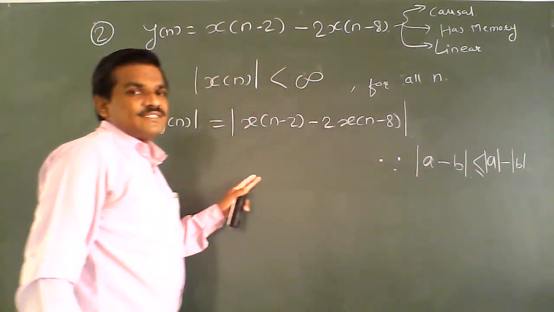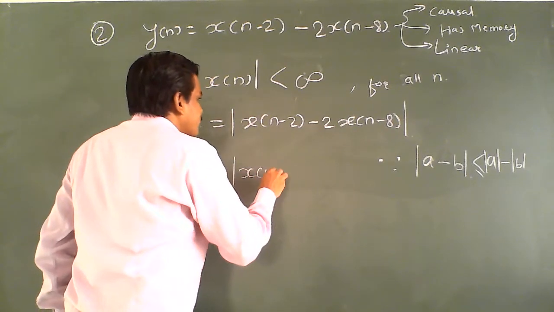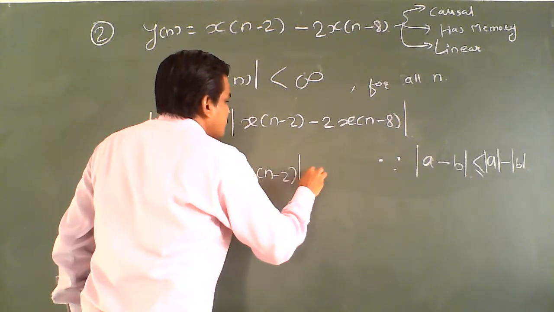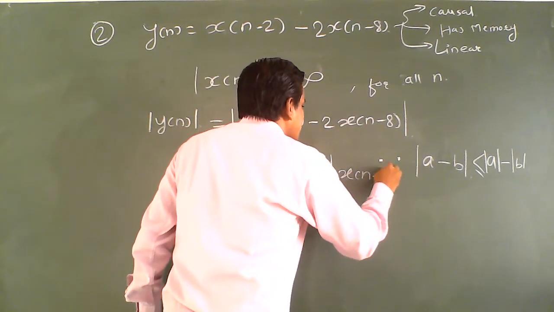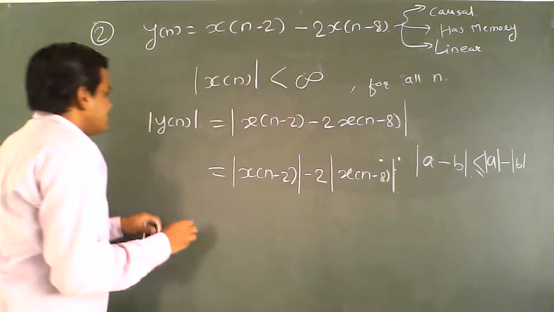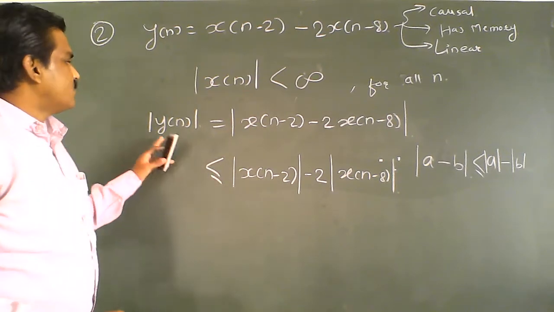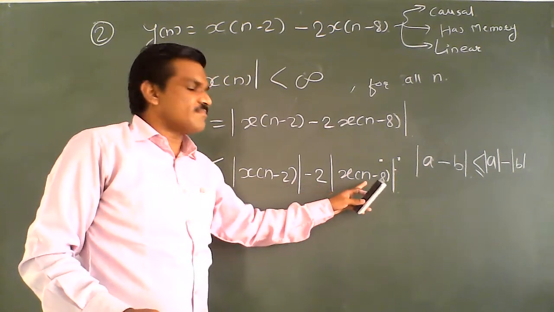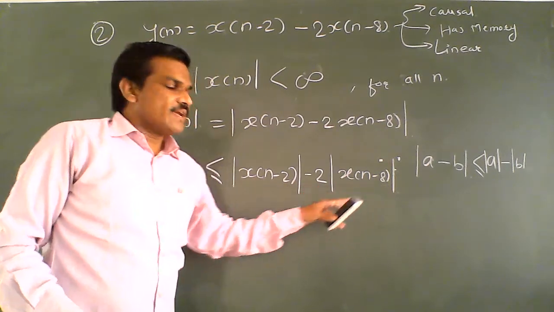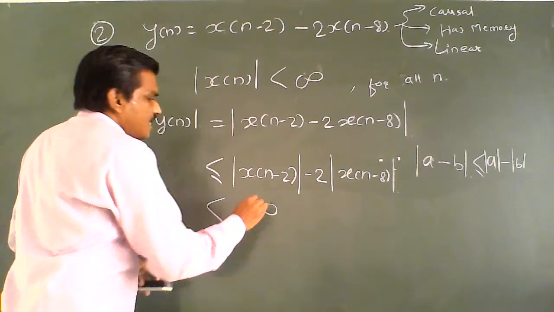We can rewrite this equation as mod of x of n minus 2 plus 2 mod of x of n minus 8. So y of n is less than or equal to that, which is less than infinity.